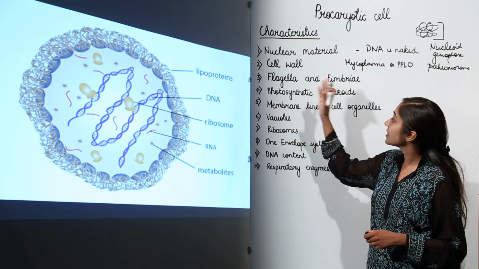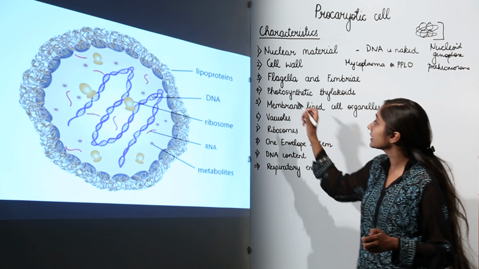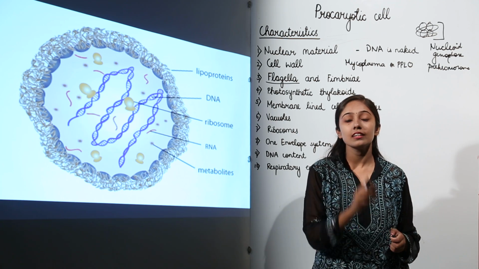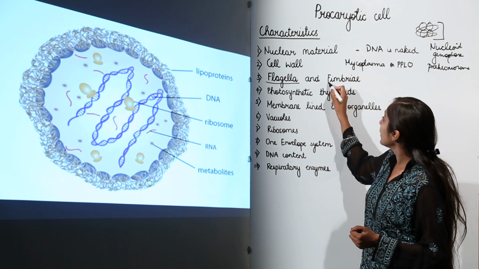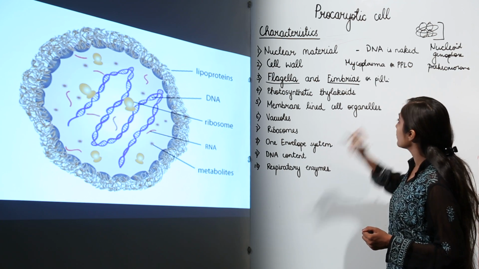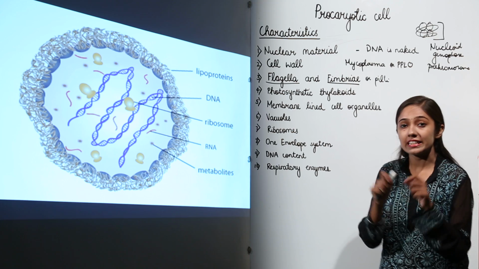Then let's talk about flagella and fimbriae. Flagella is single-stranded. In a prokaryotic cell, we have a single-stranded flagella which helps in locomotion. Then fimbriae, or you can say pili. There is a very slight difference between these two terms, which we will discuss later when we talk about the bacterial cell.